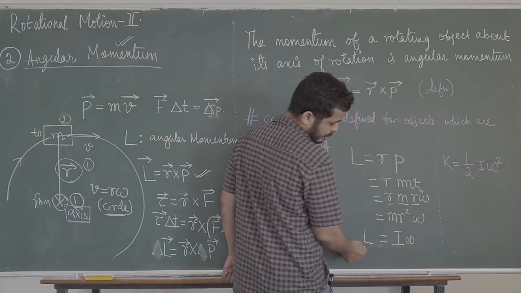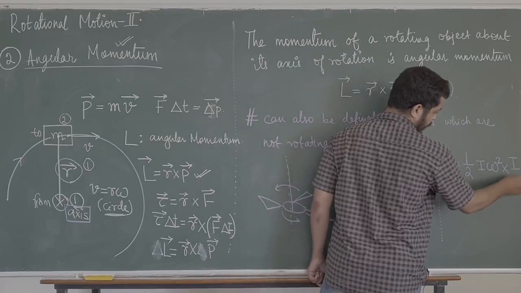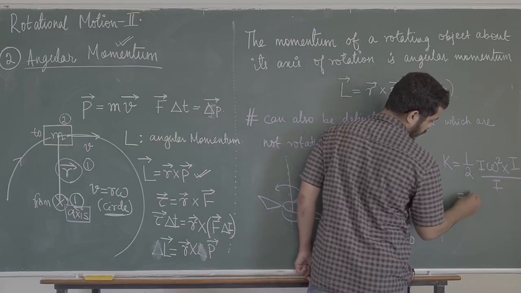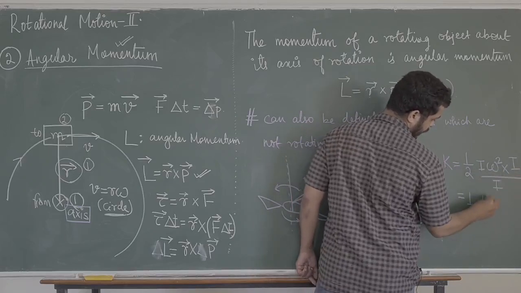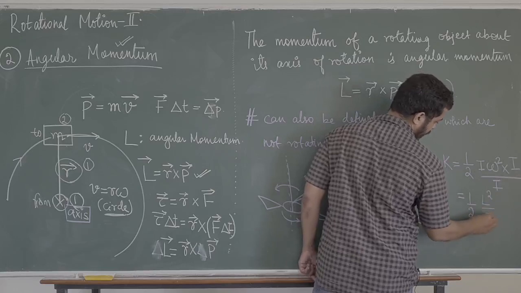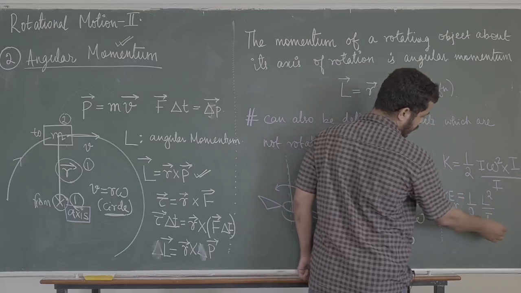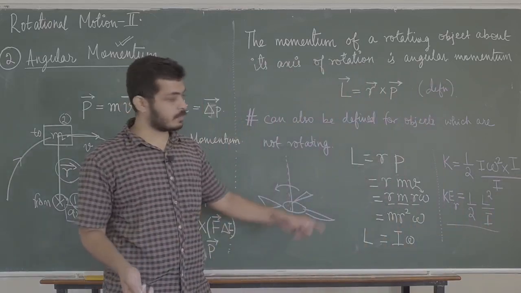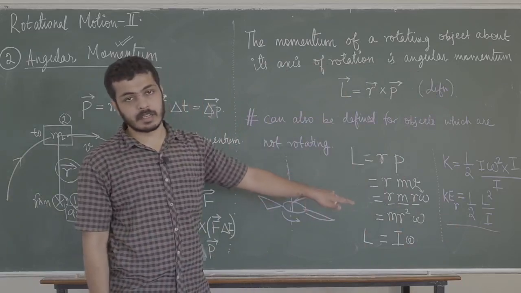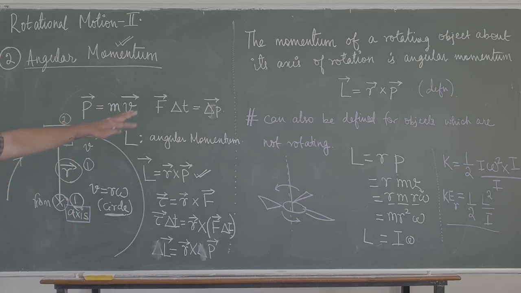What is I omega? L. So you can multiply by I and divide by I, and write half I square omega square over I, which is L square by I. So the kinetic energy of rotation is equal to half L square by I, that is L square divided by 2I. You must have studied p square by 2m, same thing. This is everything about angular momentum. This is the entire idea of defining angular momentum.